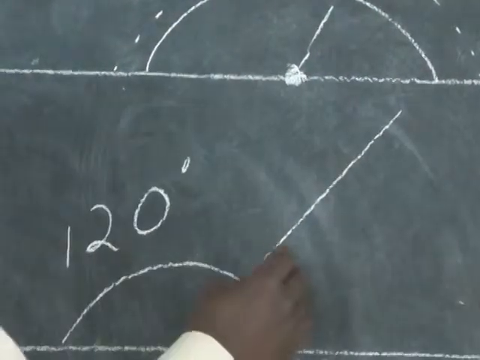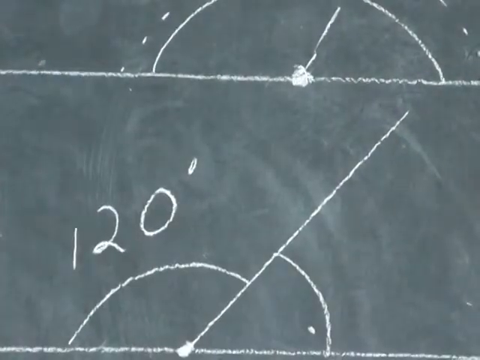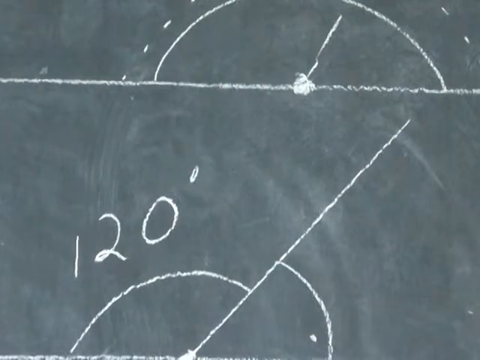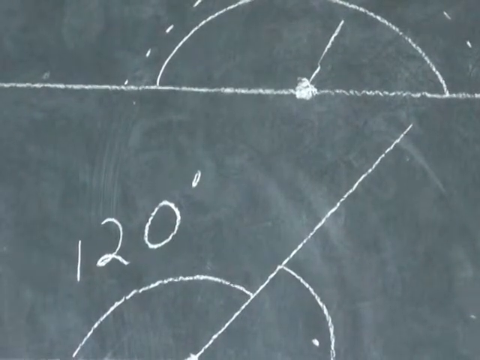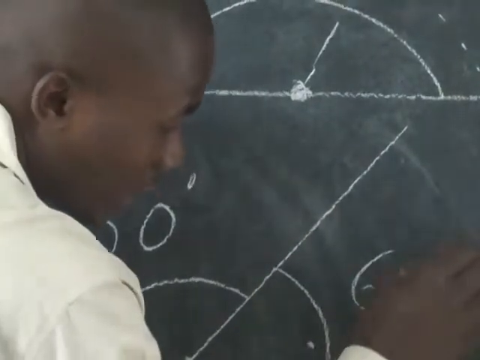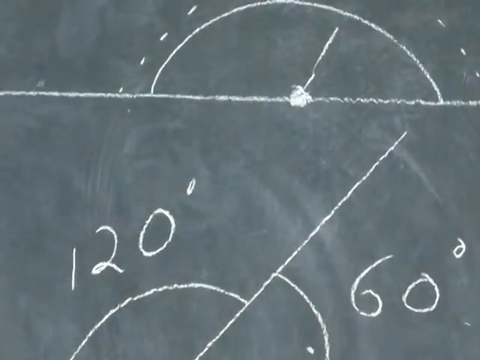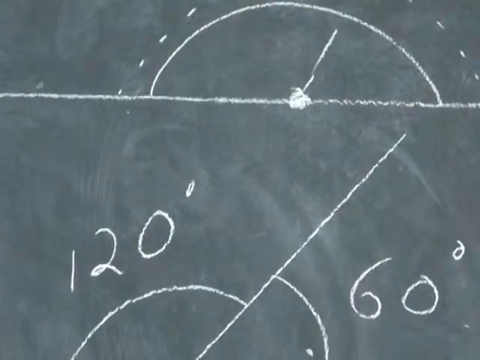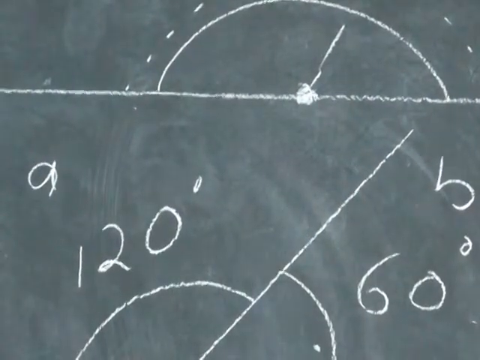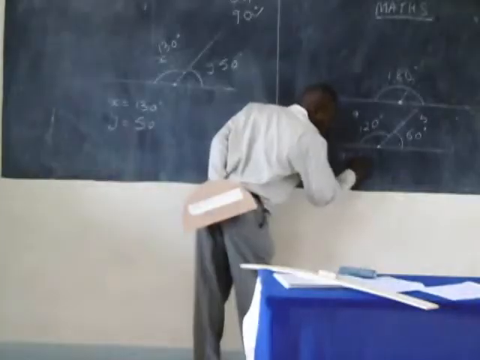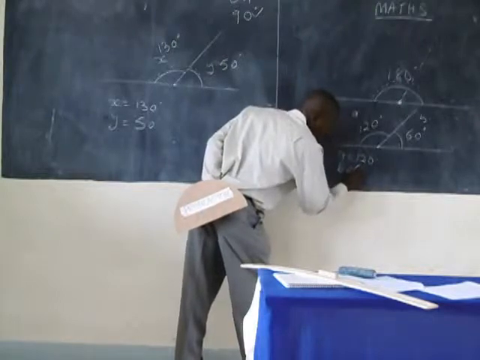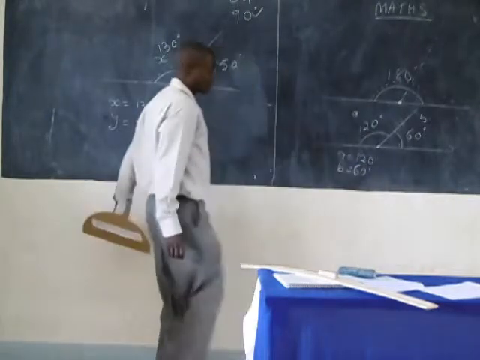Can you measure the other one? What do you get? Very good. You will get 60 degrees. So, give this angle A and this is B. You'll say that A is equal to 120 degrees and B is equal to 60 degrees.